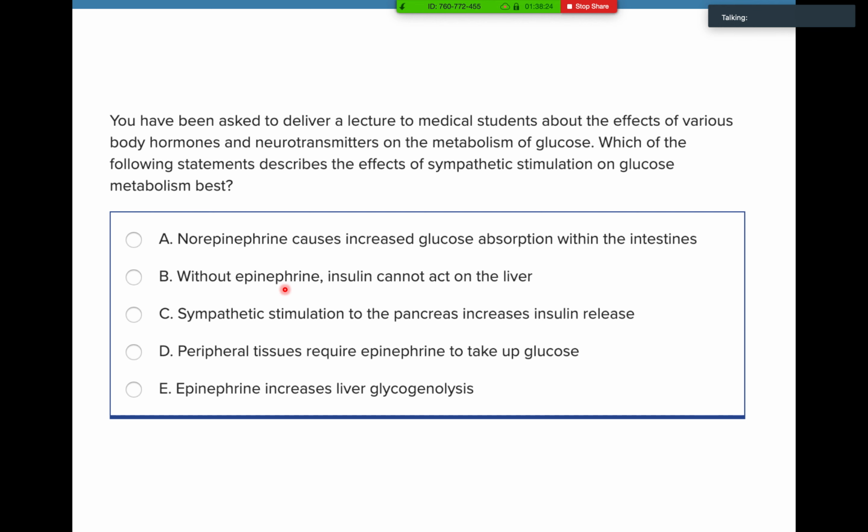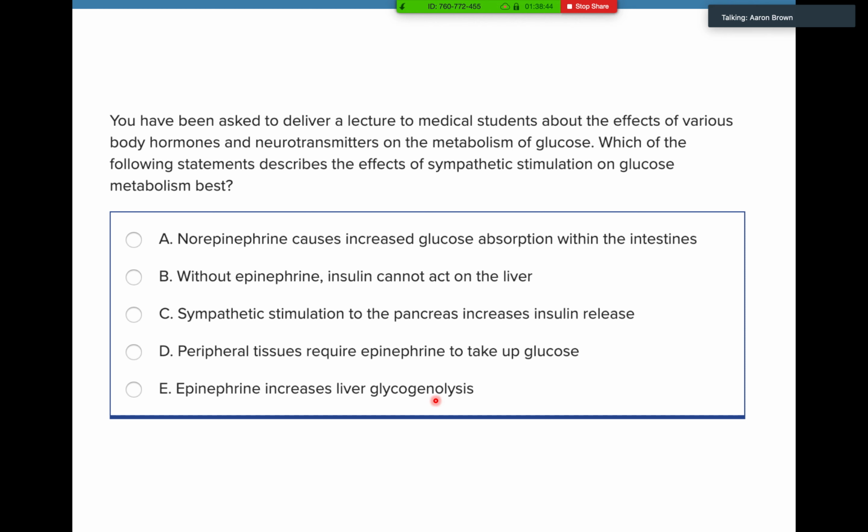B. Without epinephrine, insulin cannot act on the liver. C. Sympathetic stimulation to the pancreas increases insulin release. D. Peripheral tissues require epinephrine to take up glucose. And E. Epinephrine increases liver glycogenolysis.